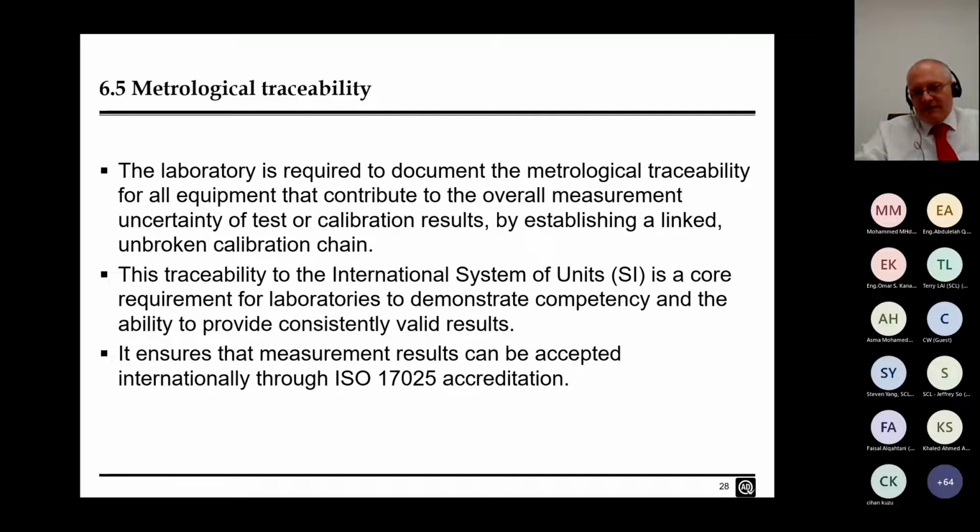And this traceability to the SI is a core requirement to ensure that laboratories are demonstrating the competence and the ability to provide consistent results, because you have to have the traceability. And accreditation ensures that your measurement results can be accepted internationally. So this is one of the things from accreditation, that your results are valid and acceptable anywhere.